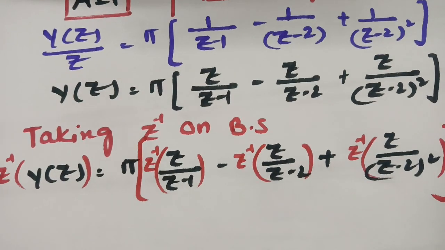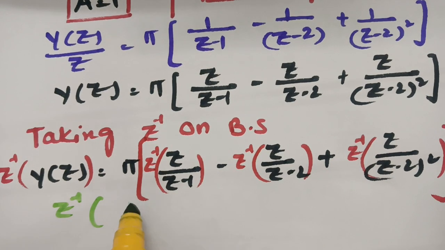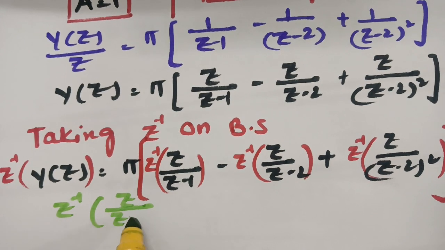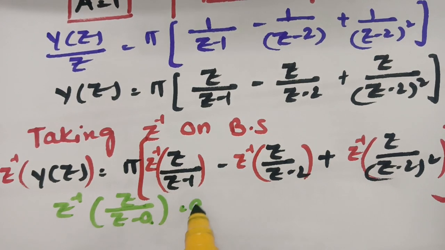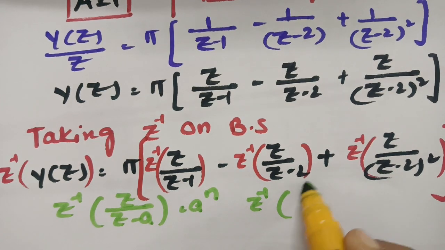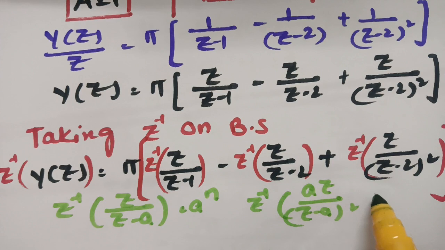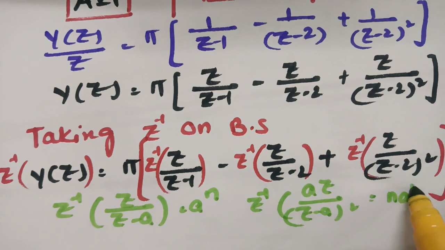Now I have certain formulae from the special functions. According to our formula, z inverse of z by z minus a can be written as a power n, and the next one is z inverse of az by z minus a whole square, which can be written as n into a power n.